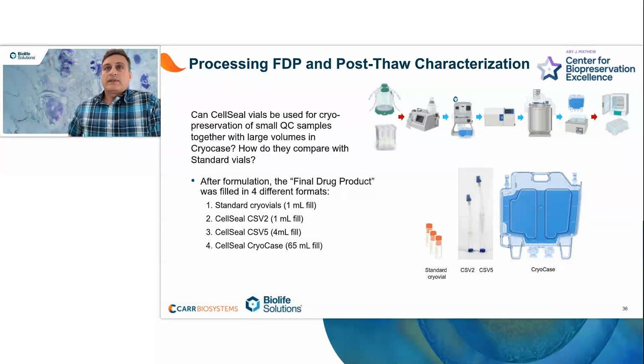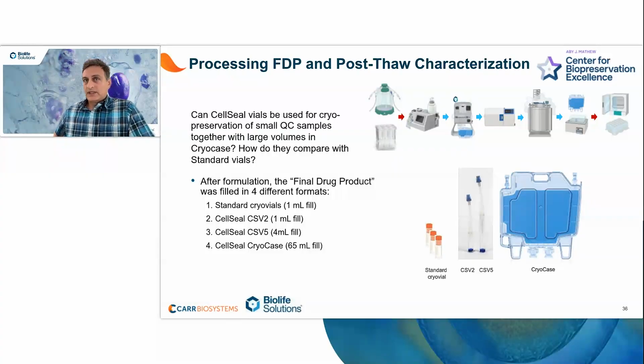Or if you have a manufacturing process and you're thinking about using the cell seal platform, the small vials as the QC vials for the main dose that will be filled into cryo case. And we wanted to see how the cells respond when they are cryopreserved in these formats.